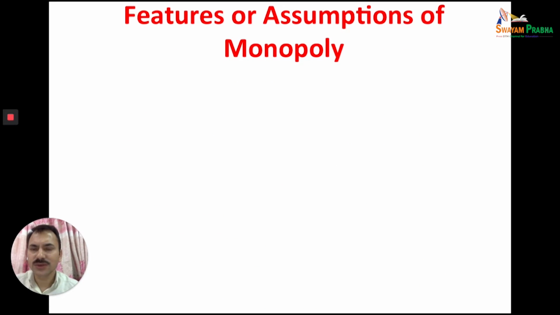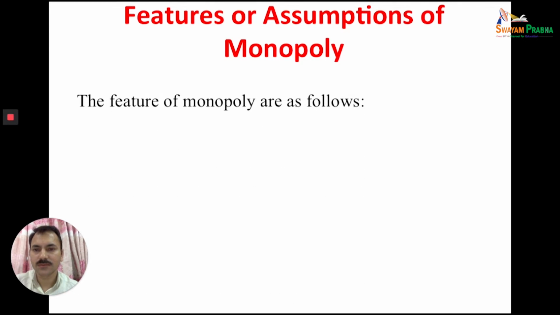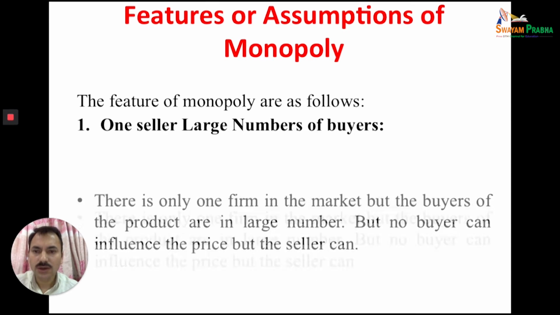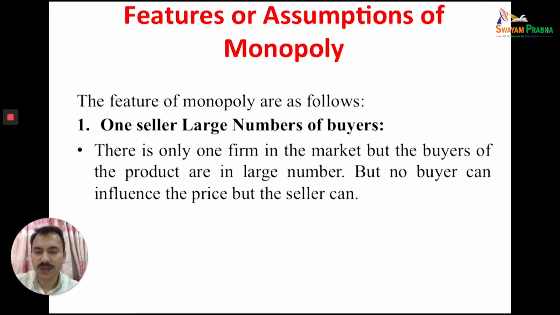Let us discuss some features or assumptions of monopoly. On the basis of the definitions, we can conclude: one seller, large number of buyers. Whereas in perfect competition, we have a large number of buyers and a large number of sellers, but here one seller, large number of buyers. There is only one firm in the market, but the buyers of the product are many.